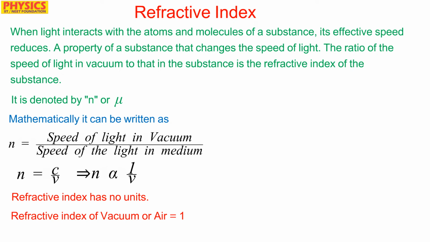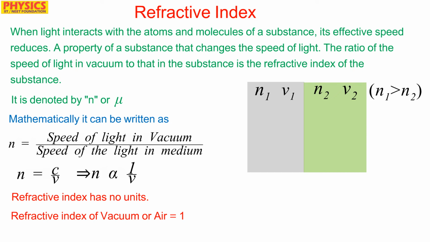Now let us see here. A light moves from one medium to another medium. So I have taken two media here. The refractive index of the first medium is n1 and the refractive index of the second medium is n2. The speed of the light in the first medium is v1 and in the second medium is v2. Here I have taken n1 greater than n2. What does it mean, sir?